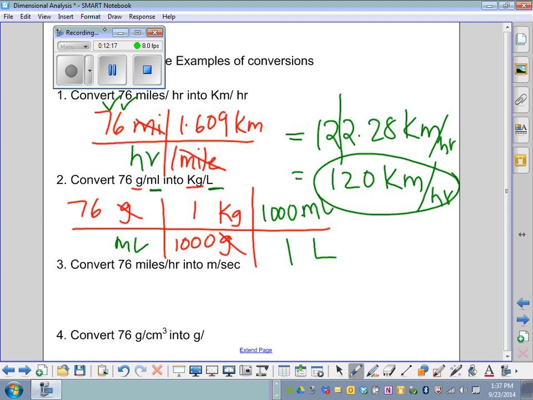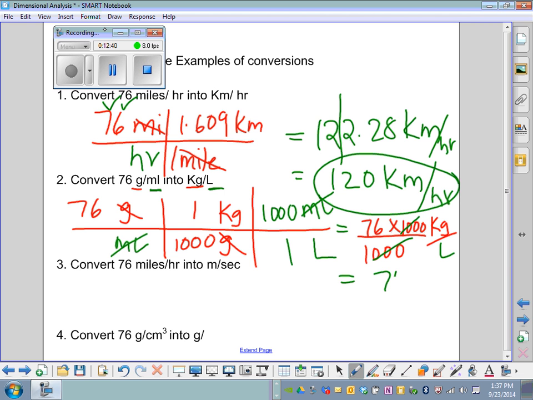Is that right? So 1,000 milliliters is a liter. Is that very clear? And so my milli and milli will now cancel out. And so what is my math here? I have 76 times 1,000 divided by 1,000, but my units are now kilograms per liter.